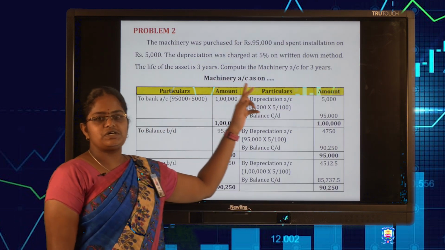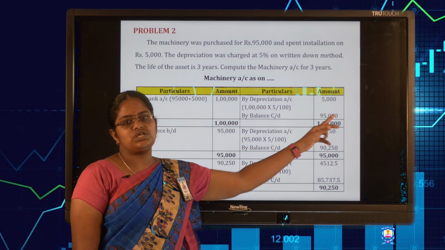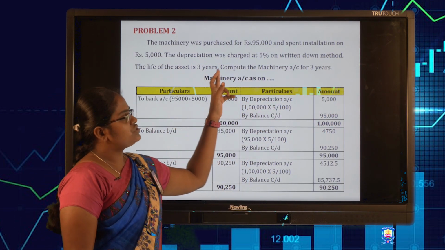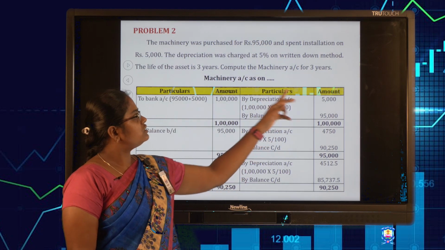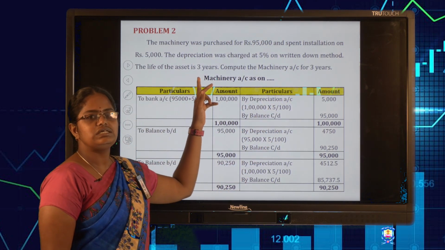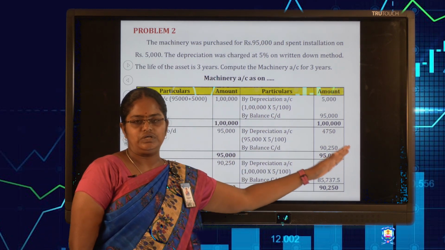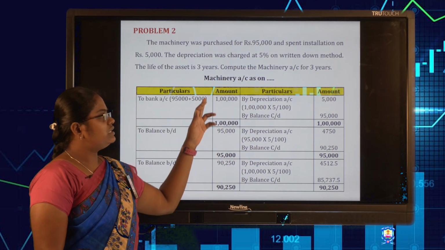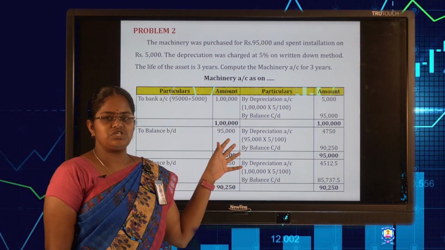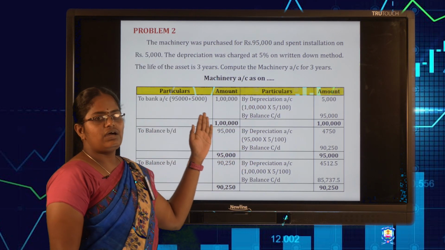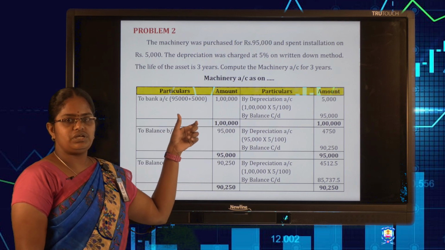The machinery was purchased for the same 95,000, installation charges 5,000, depreciation charged at 5%, life of asset is 3 years, calculate the machinery account. Same sum, but we proceed with the diminishing balance method. First we have to mention the purchase, machinery purchased.